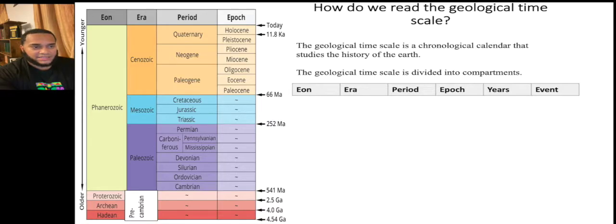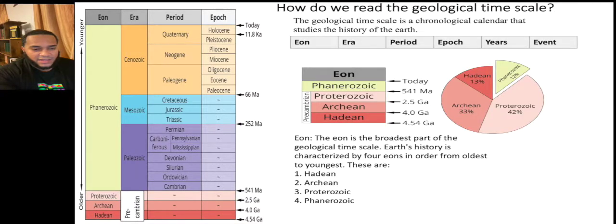Moving into the next slide. How do we read the geological timescale? The first column here is what we call the eon. Major history events are characterized by these 4 eons, as you can see here in this image, as I am pointing with the mouse.